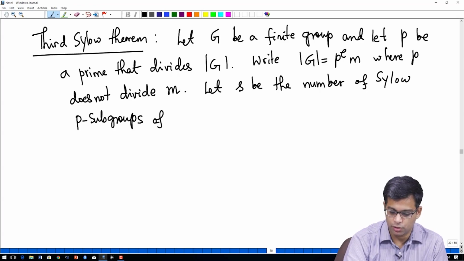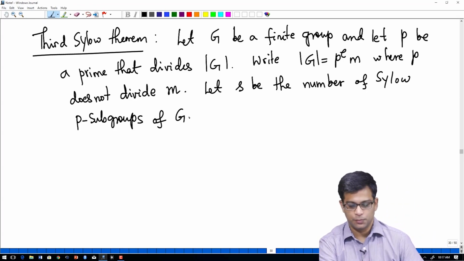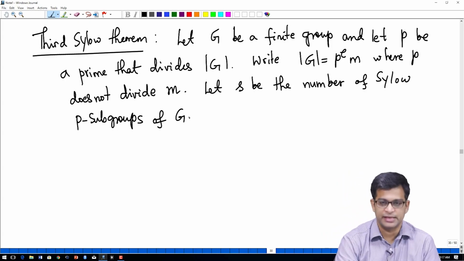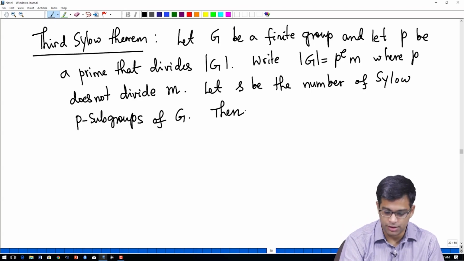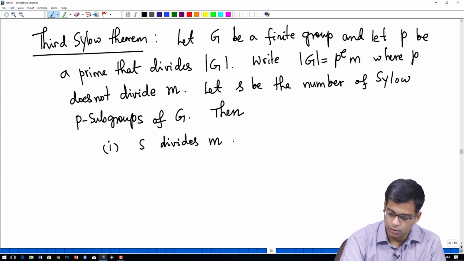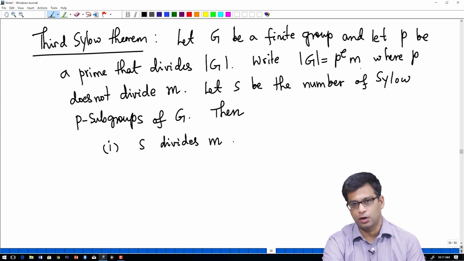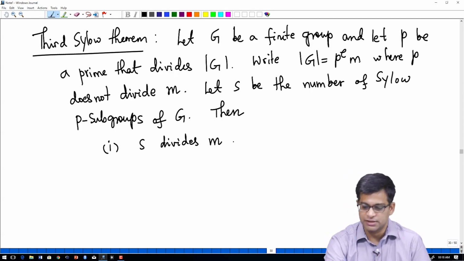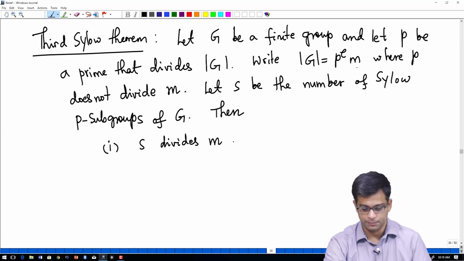So, as I said, the third Sylow theorem is a statement about the number of Sylow p-subgroups. Let us call it s. Remember, s is at least 1 by the first Sylow theorem. Then the third Sylow theorem says two things: s divides m. Remember, m is the factor in the order of the group which does not contain any p, after removing the largest power of p that is available.